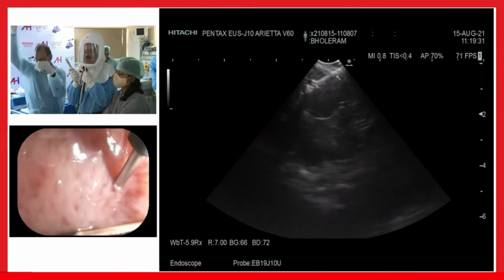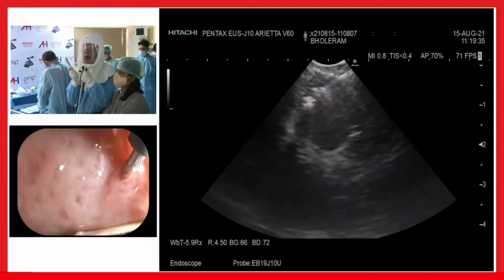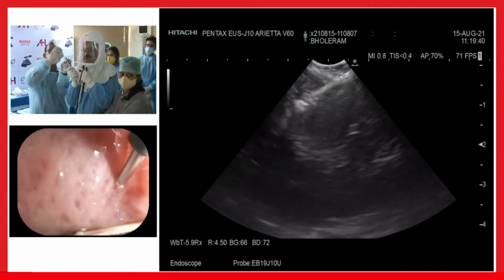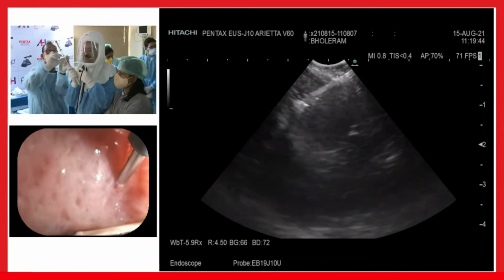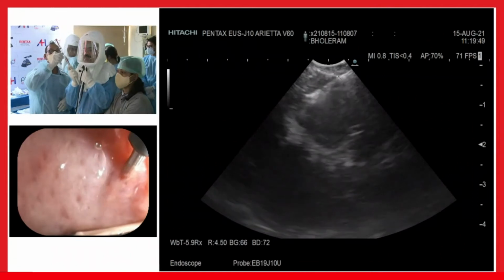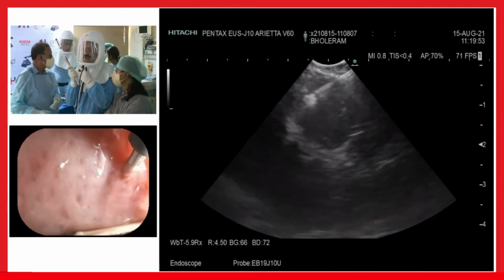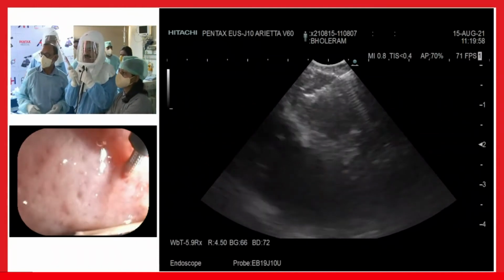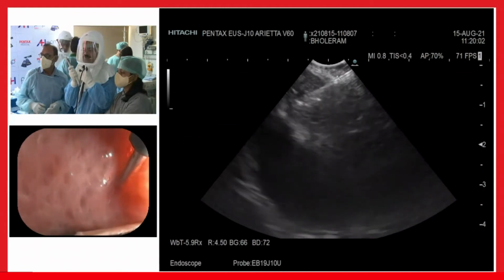If there is material there, then you don't need any suction, but you can apply suction, though every time try to do without suction. The first pass should be without suction, and in one lymph node you can pass 15 to 18 times, and ideally you should take at least 4 passes from this lymph node, and the puncture should be through and through from one part to the other part of the lymph node.